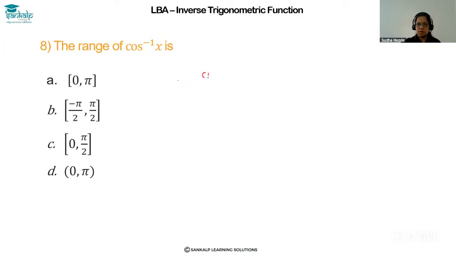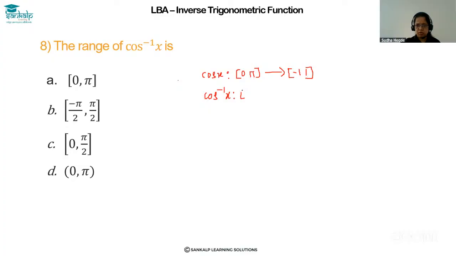You already know that cos x is bijective in the domain where to where? It is 0 to pi, to minus 1 to 1. Since it is bijective, it is one-one and onto, so cos inverse x exists and it is defined from where to where?